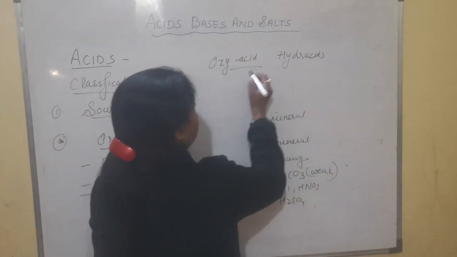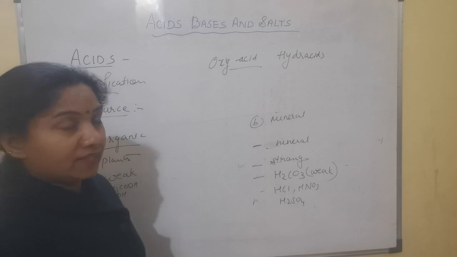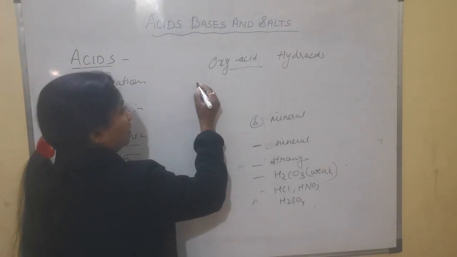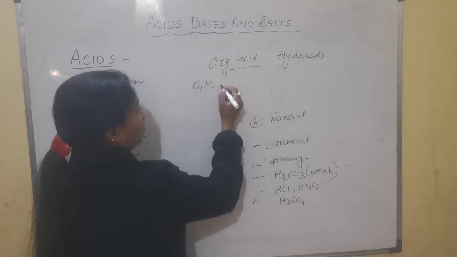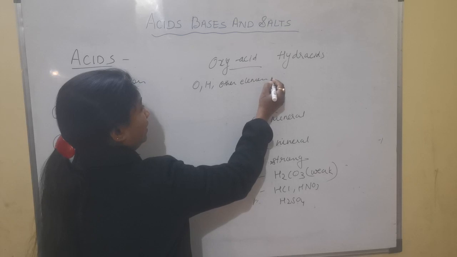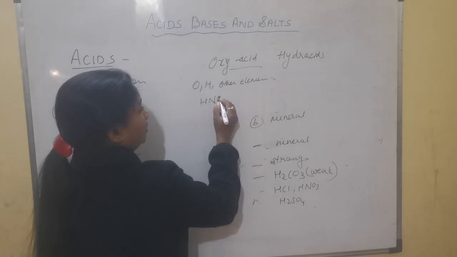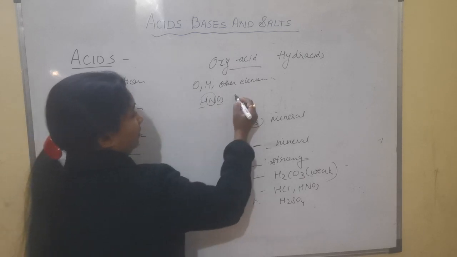So what are oxy acids? From the name itself, we could guess that oxy acids contain oxygen, hydrogen and some other element. Like HNO3, you can see it contains hydrogen, oxygen and nitrogen as another element.